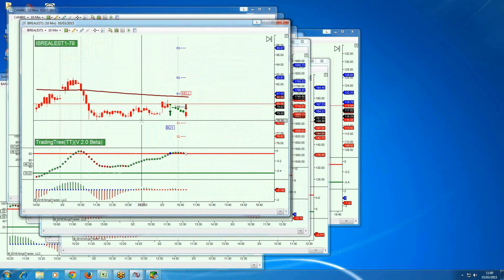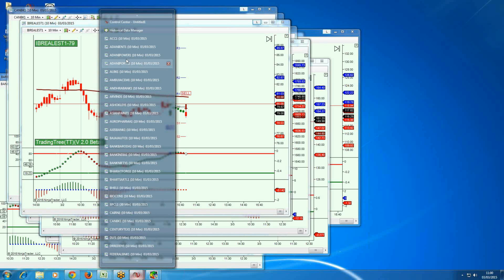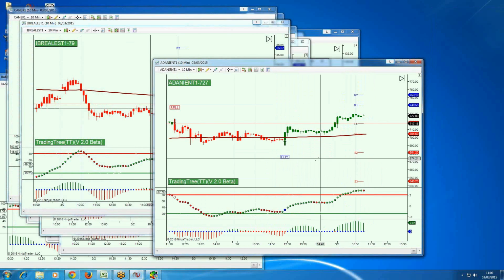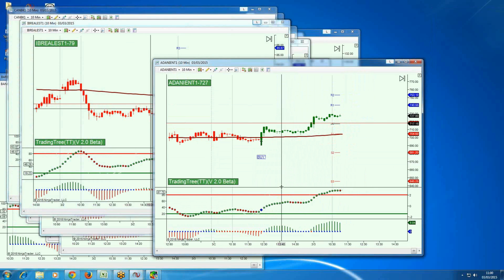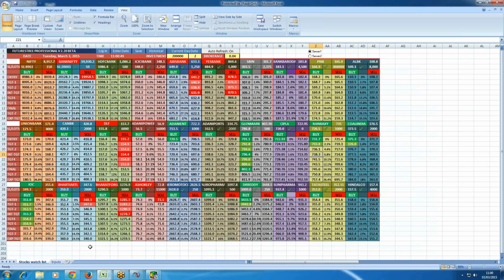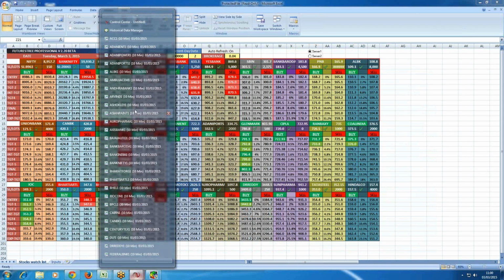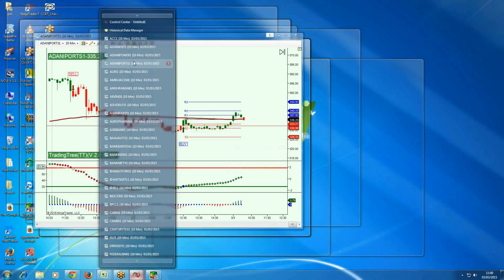You can place a sell call in IB Real Estate at 78.30, so you can go short from there. Cipla, we have a buy now.